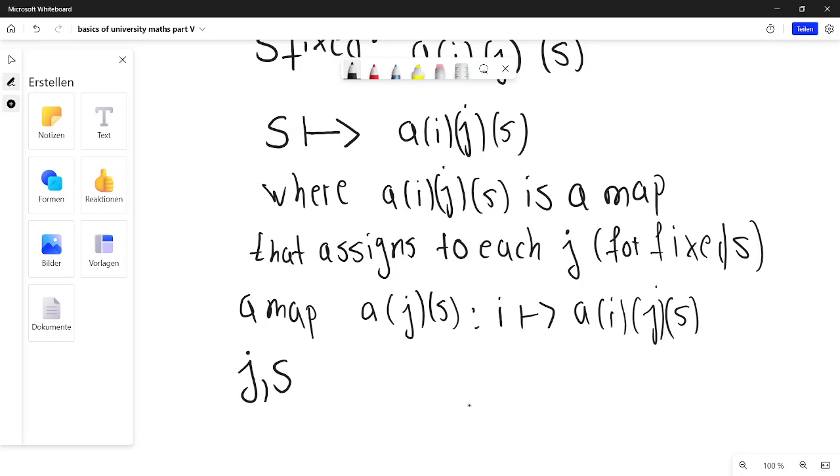For j and s that go through all j, all s, we have every time a map that does this thing. That just for each I assigns this thing. We go through all of that, we fix each time that.